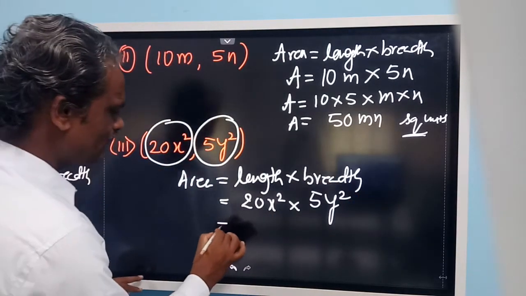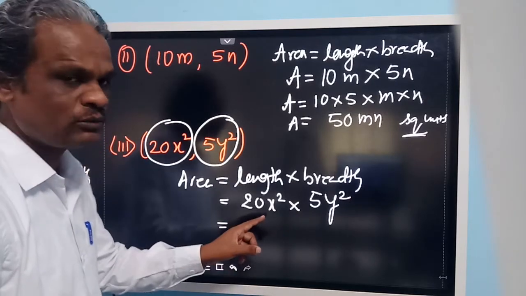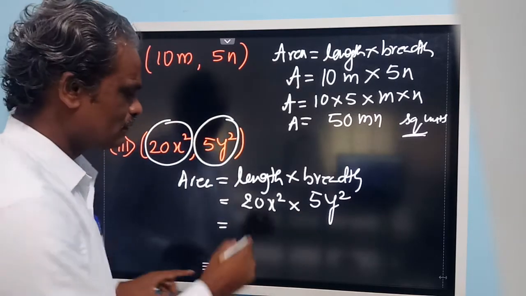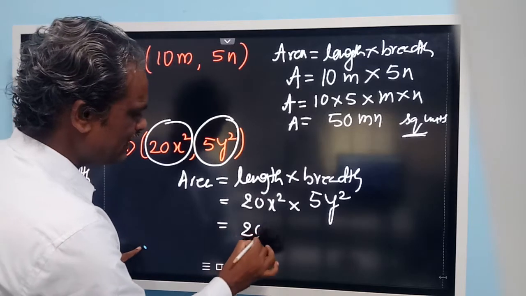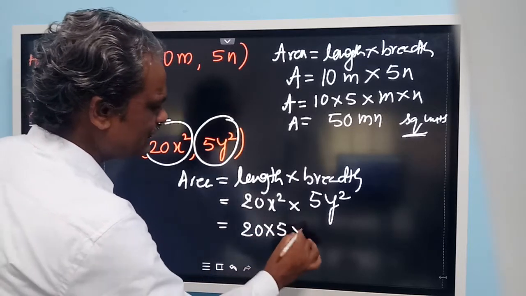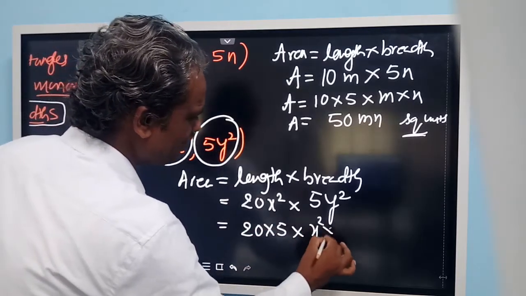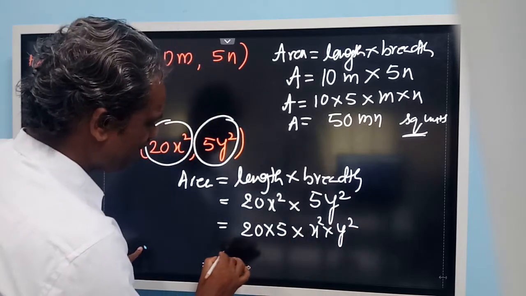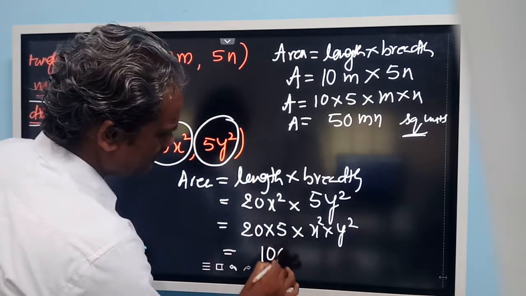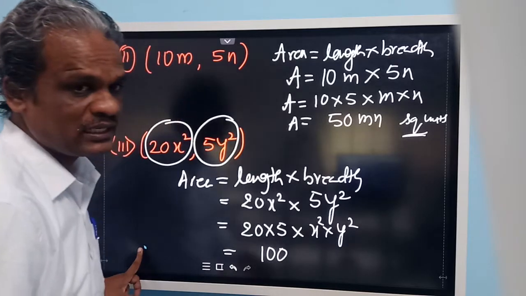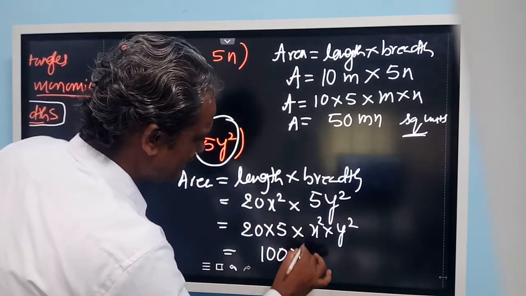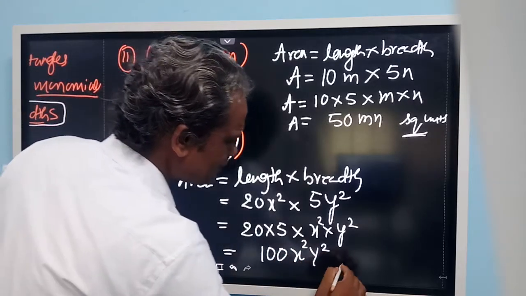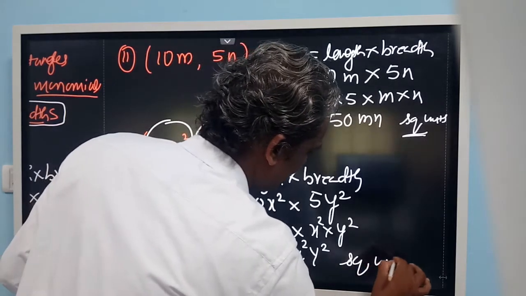So now while multiplying, this is also a monomial, this is also a monomial. So first you multiply 20 and 5, then the variables x square into y square. So 20 fives are 100. x square and y square, they are not like terms. Just you can write as it is, x square and y square. So this is the area of this rectangle.